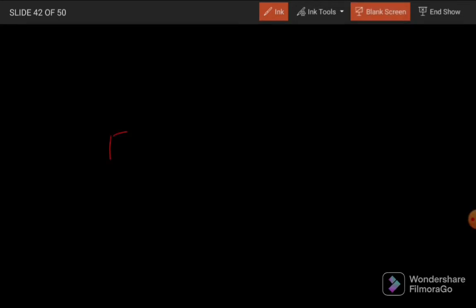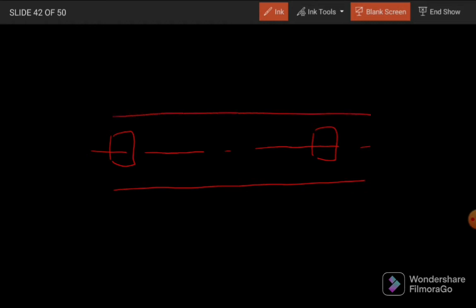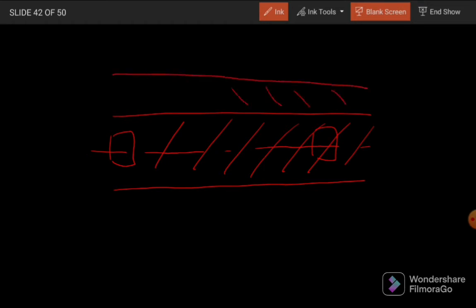For example, we have this frame and this is the column strip. If it is an interior frame, we have a half middle strip on this side and a half middle strip on this side.